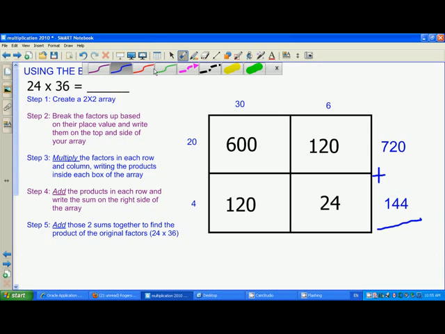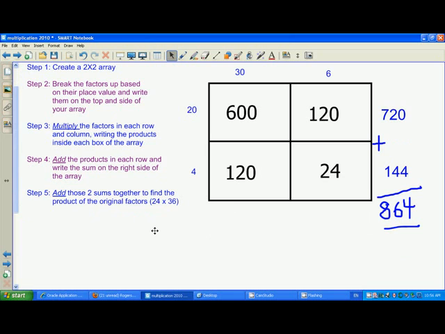I'll just write this out. 0 plus 4 is 4. 2 plus 4 is 6. Again, I'm making sure my place values are lined up, and 7 plus 1 is 8. So it appears to me that the product of 24 times 36 is 864.